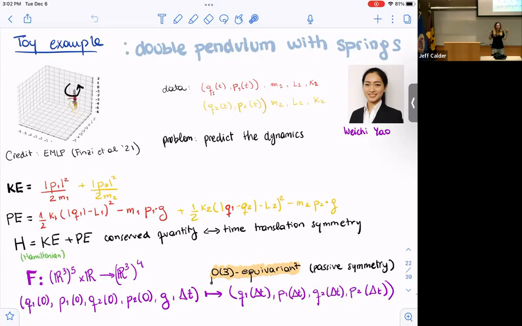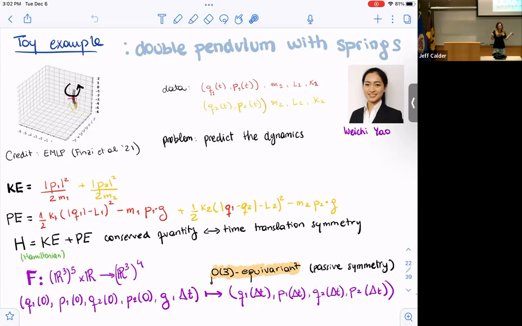However, if I introduce the gravity vector as one of the inputs in the machine learning model, or one of the inputs of my function, then the function becomes O3 equivariant. Because when I rotate all the masses, I rotate the gravity vector with it.